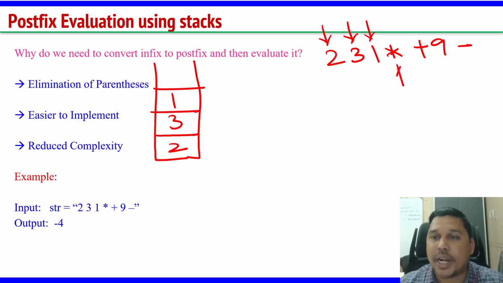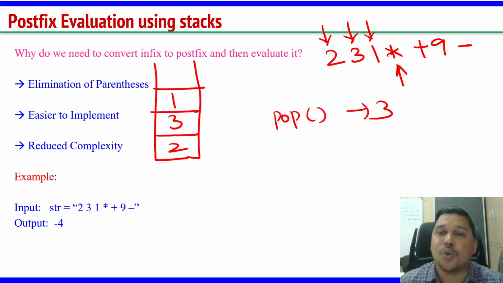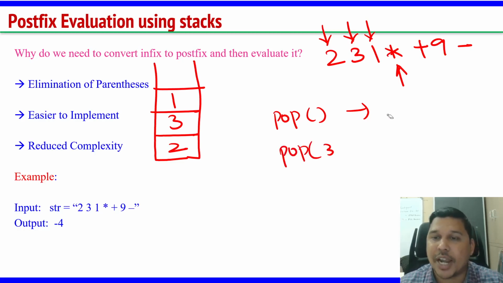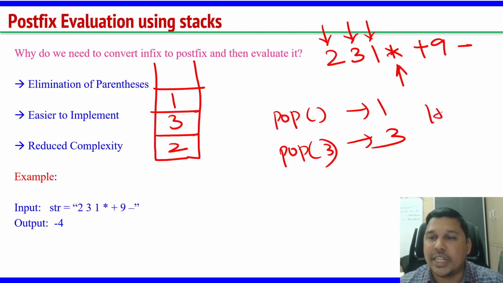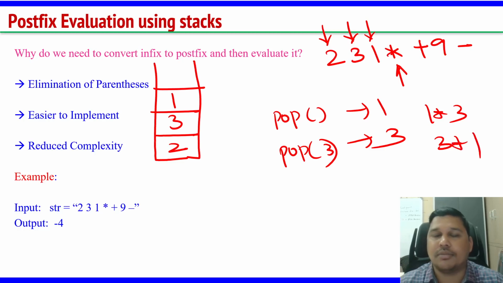Then came an operator. Whenever an operator comes, I am saying pop out. But how will you pop out? If I write the first pop statement, I will get 1 as the output. The second time I do pop, it gives me 3. Now, for this multiplication, should I multiply 1 into 3 or 3 into 1?